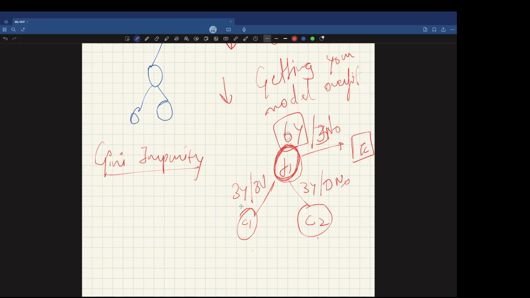Now once we are clear with this, 3 yes 3 no's, 3 yes 0 no. If you try to calculate the entropy H of S for your first one, C1, what will you get? You will get minus 3 by 3 log base 2 of 3 by 3. For the no also you will calculate, negative only. Why 3 by 3?